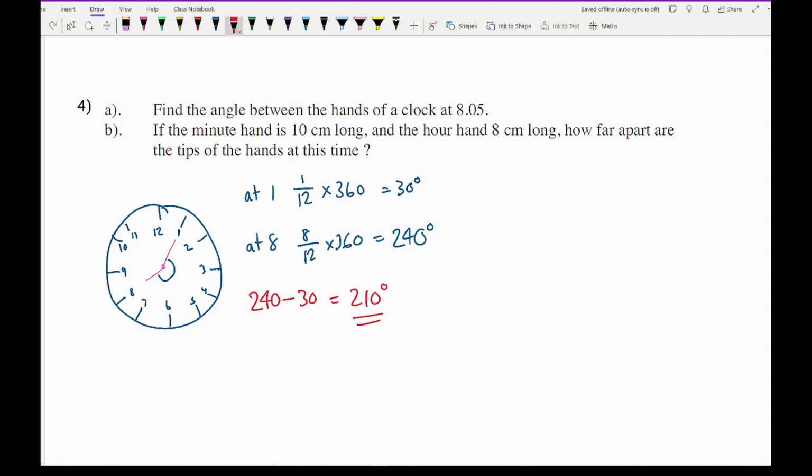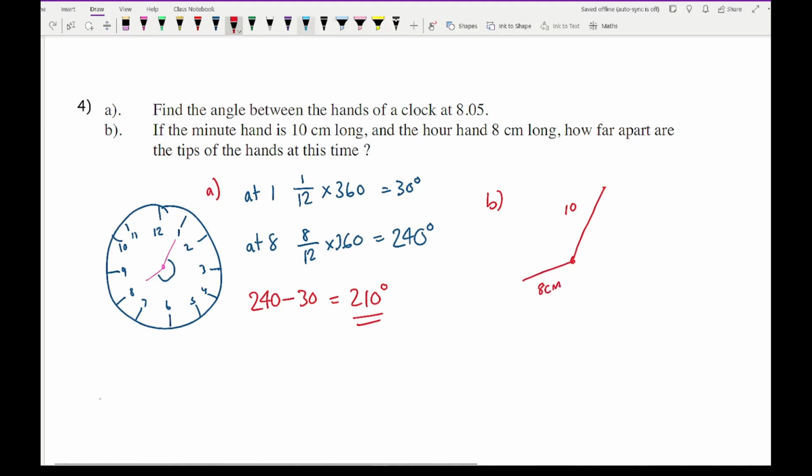The next question, part B, says if the minute hand is 10 centimeters long and the hour hand is 8 centimeters long, how far apart are the tips of the hands at this time? So let's do a little diagram. That's where it is at 1, and that's 10 centimeters. Then we've got the hour hand, which is 8 centimeters.